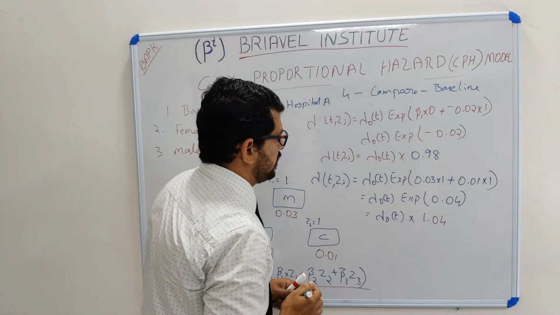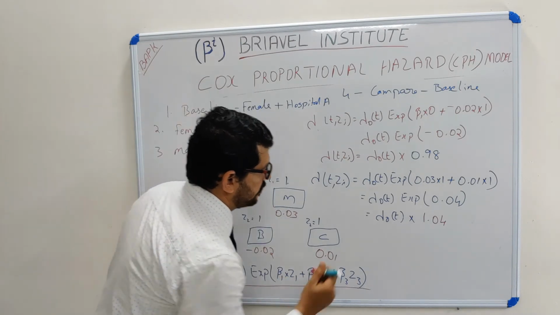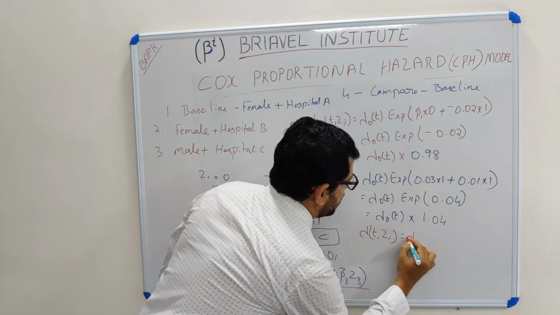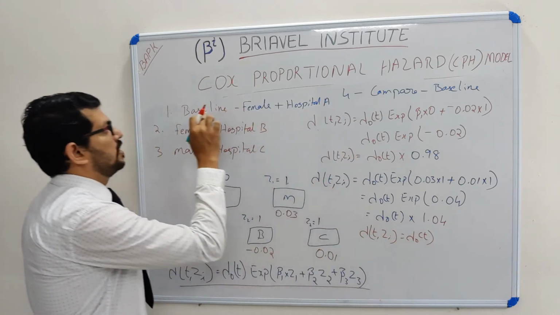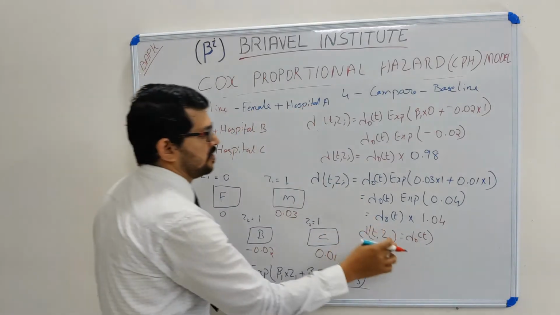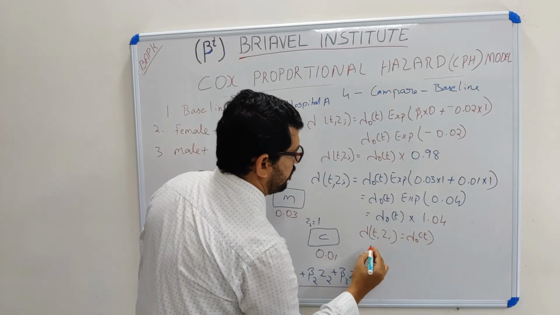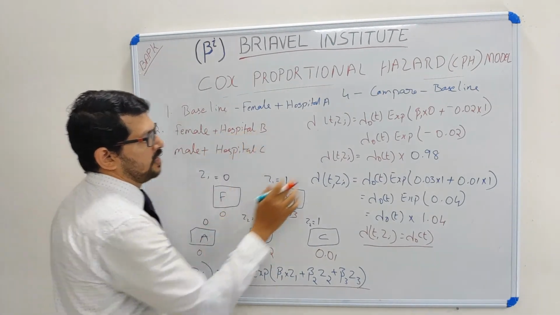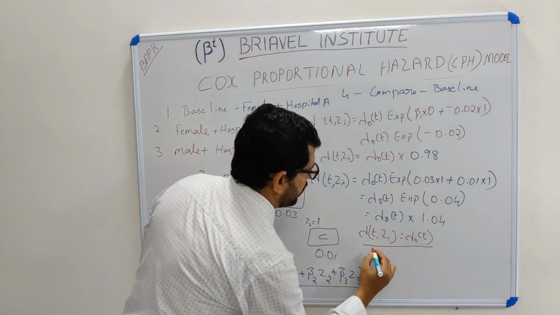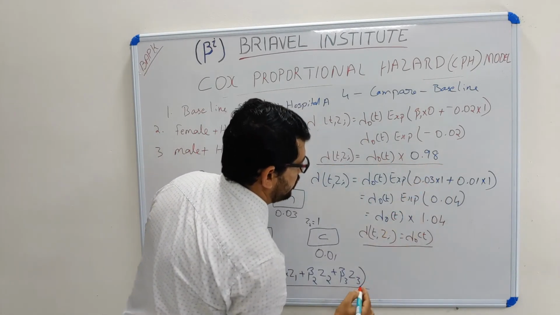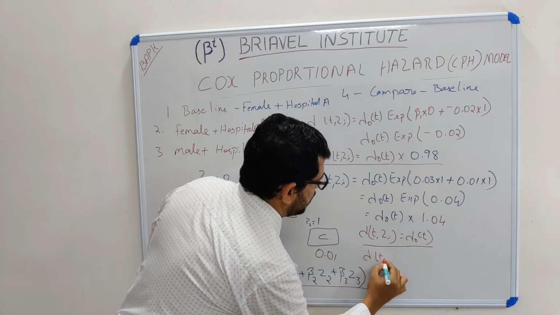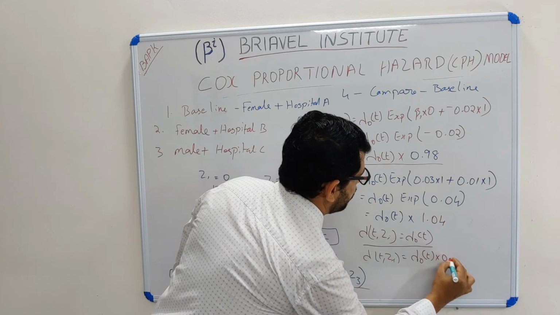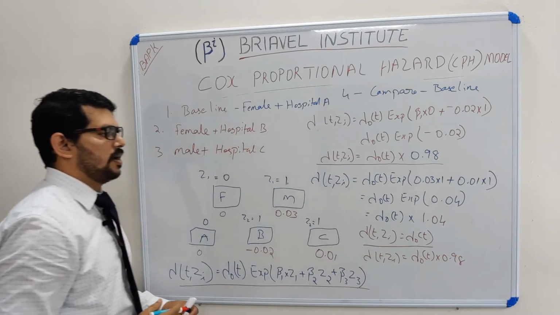So how to compare? The baseline hazard is lambda t zi is equal to lambda 0 t. This is the baseline hazard. Here, for female plus hospital A, there is no exponential factor. But if you compare with female plus hospital B, this is female plus hospital B. So lambda t zi is equal to lambda 0 t into 0.98.